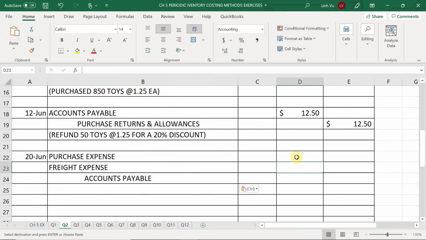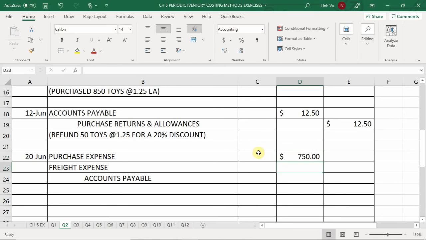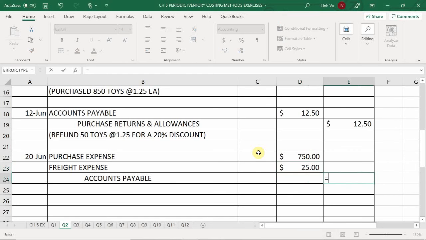Okay. And 500 times $1.50 gives you $750, plus $25 freight gives you a total accounts payable of $775.